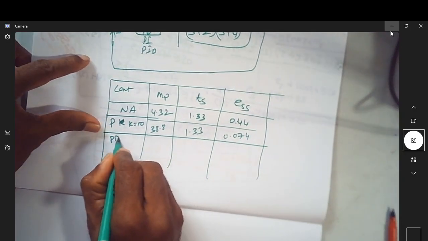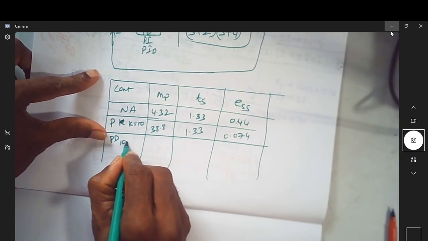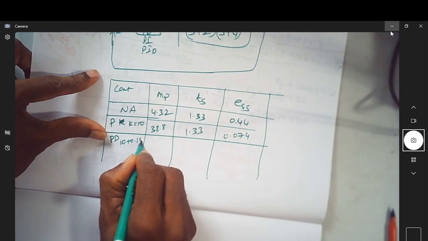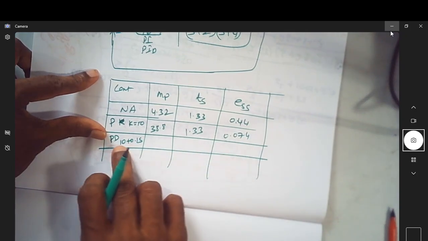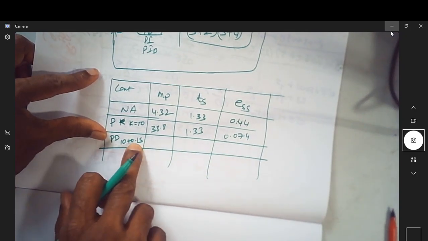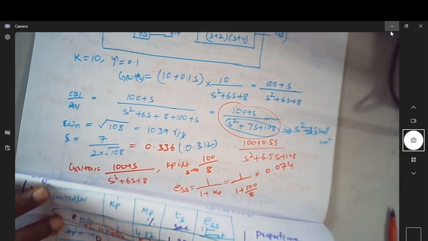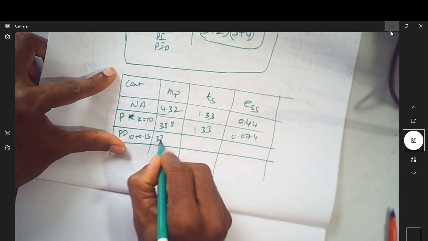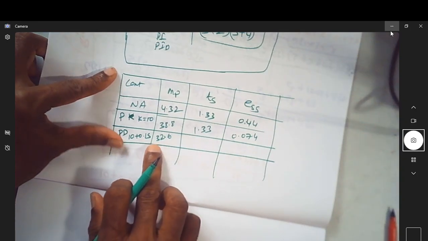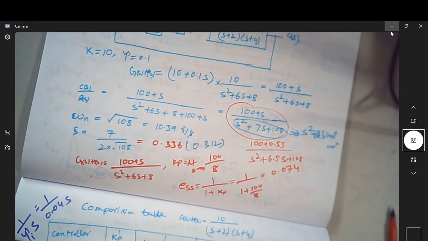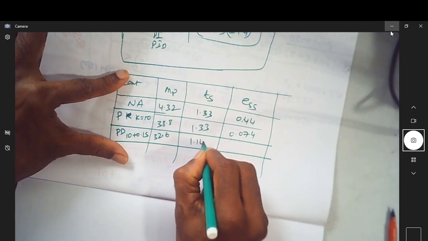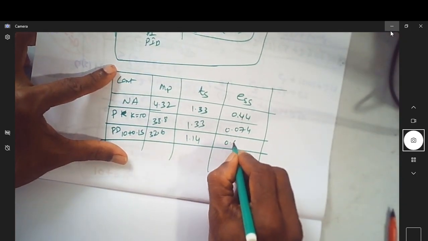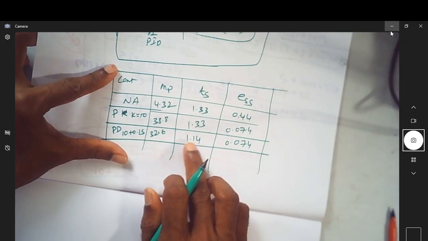When we had the PD controller with 10 plus 0.1 s, this is proportional, this is derivative, we had 32.6 as your overshoot, and the settling time was 1.14, and ESS was almost the same.